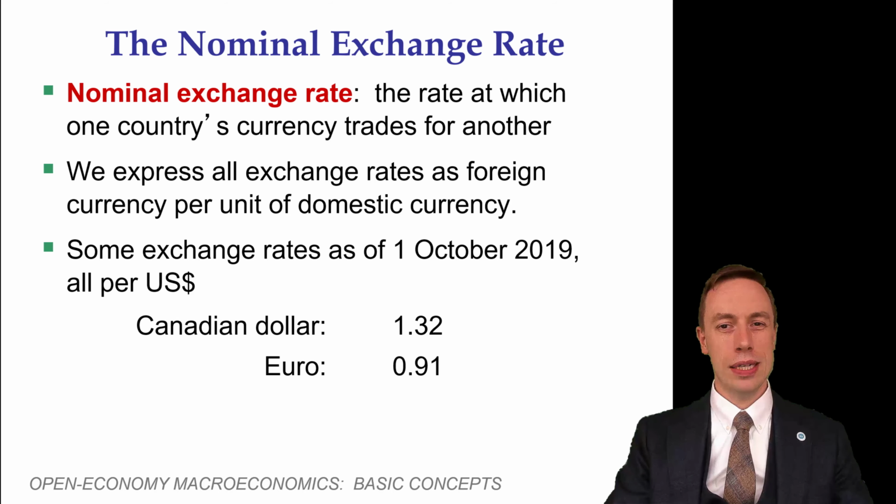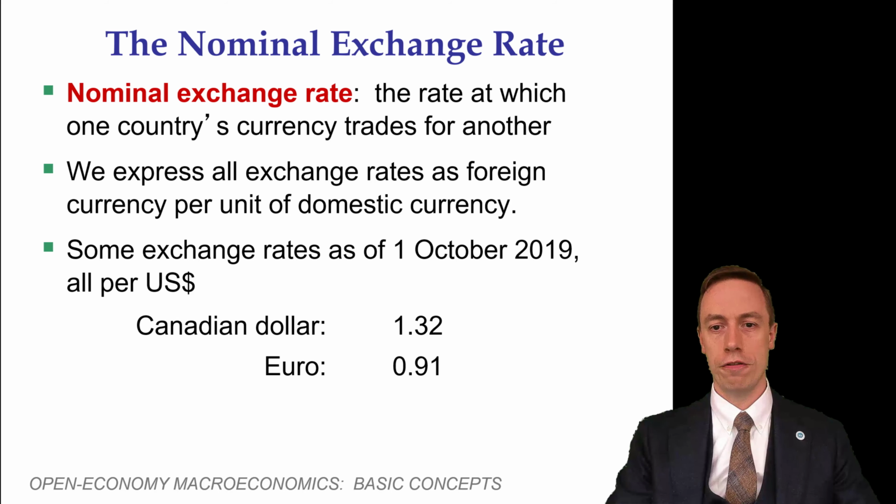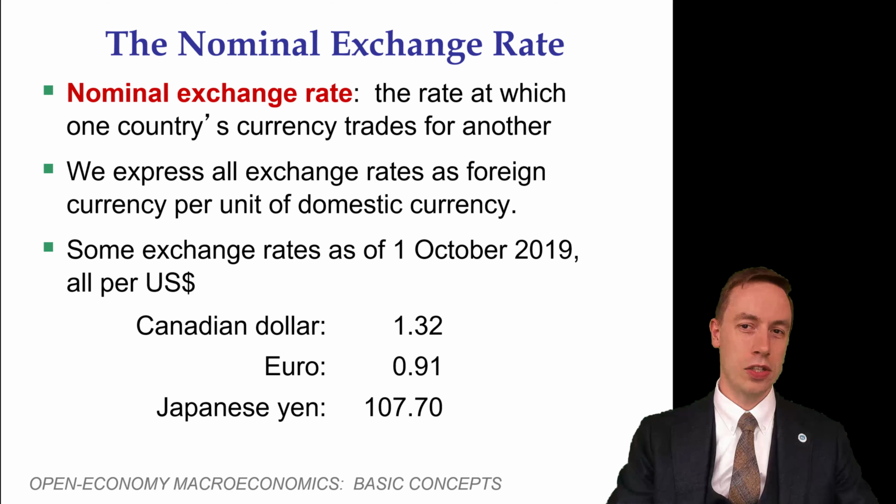So the euro and the Canadian dollar are pretty close in value to the American dollar. Other currencies have values that are quite different, and that by itself doesn't tell you much yet. For example, the Japanese yen tends to be over 100 times less valuable per unit than American dollars. Again, that's not necessarily a bad thing.